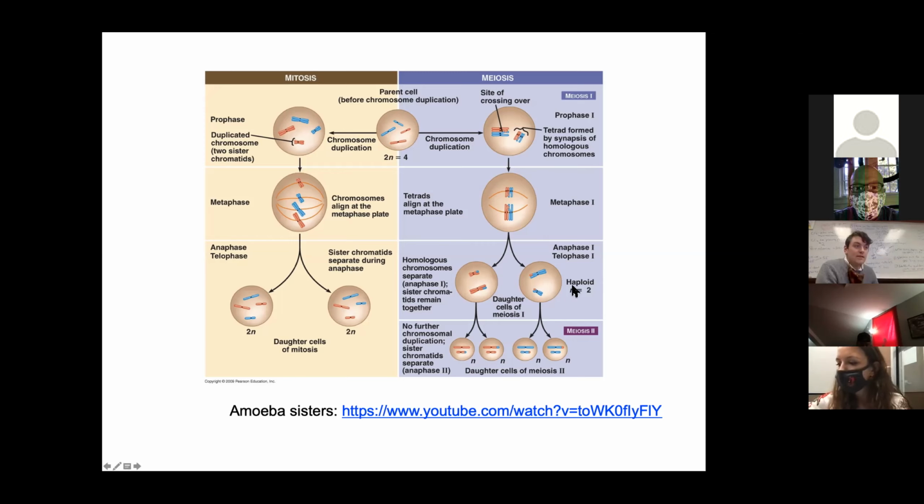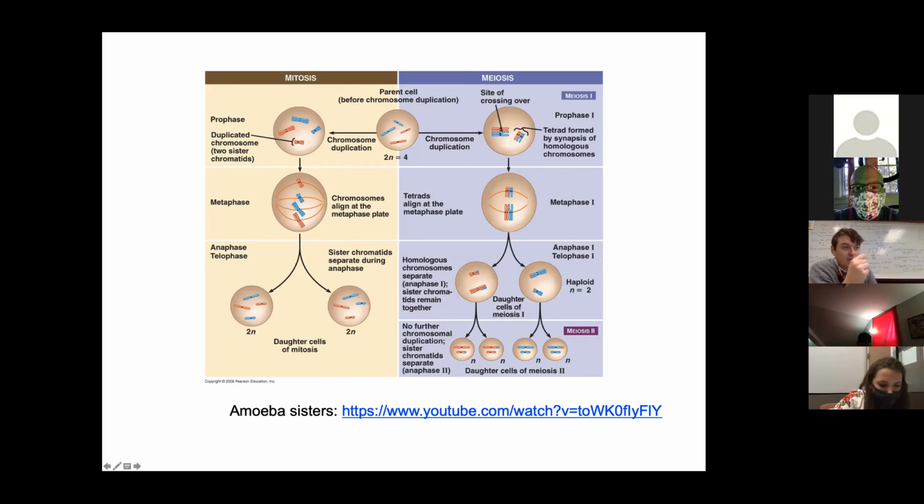At the end of metaphase 1, you have two daughter cells. Then the chromosomes in those daughter cells line up at the metaphase plate again, this time kind of like in mitosis, and the two sister chromatids are pulled apart until you end up with a total of 4 daughter cells, each of which is haploid.